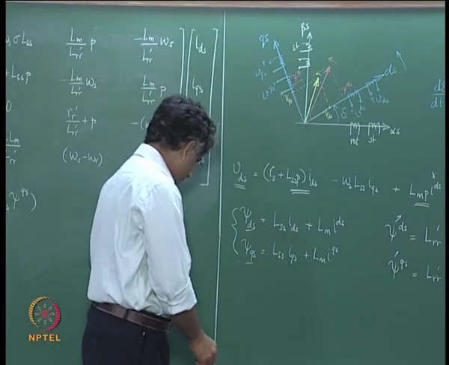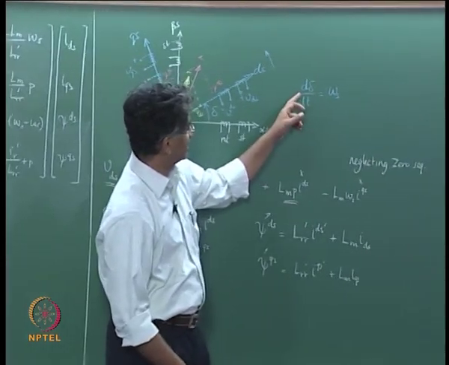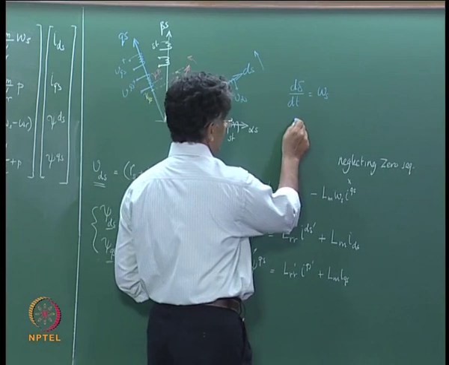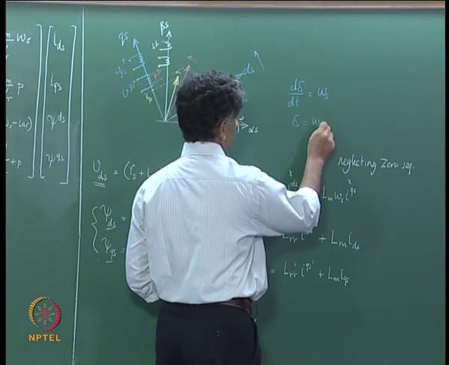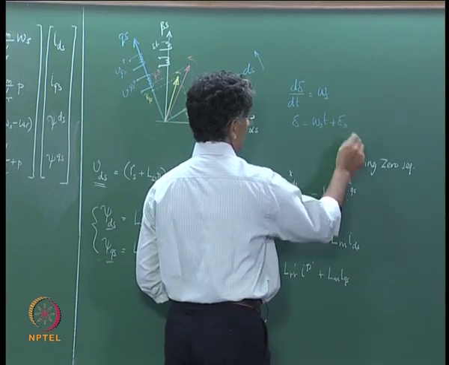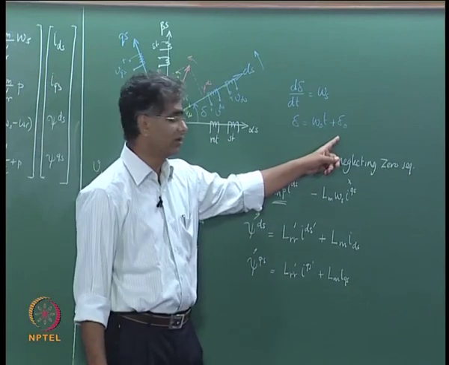One can look at it more from the viewpoint of equation. You are saying d delta by dt is omega s, which means that delta is equal to omega s into time plus an arbitrary delta naught. How would you fix delta naught?